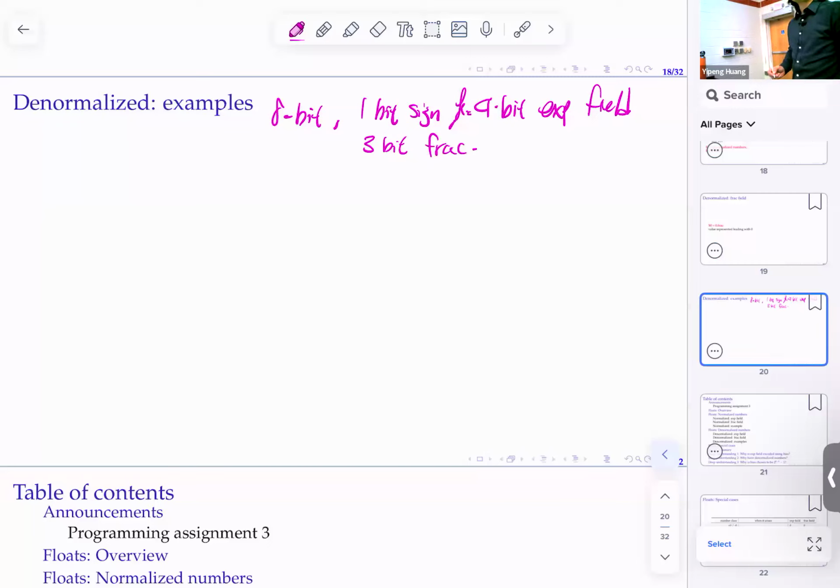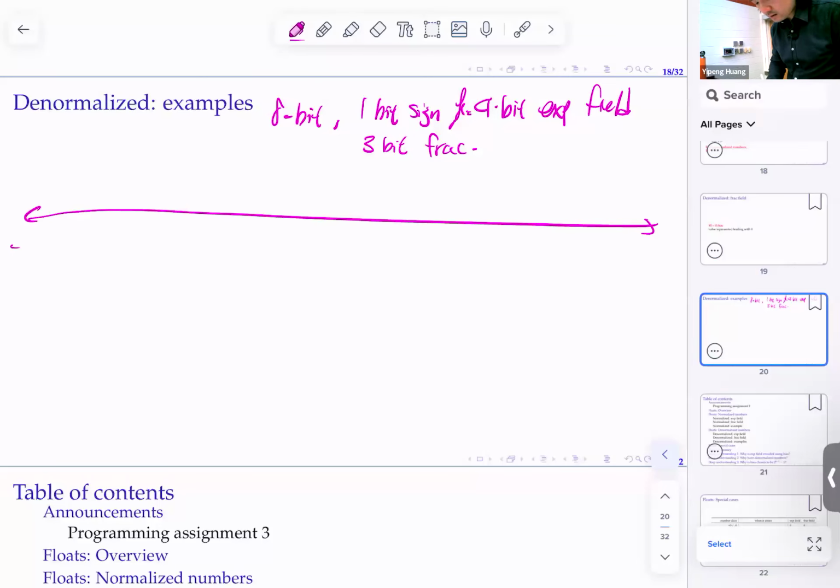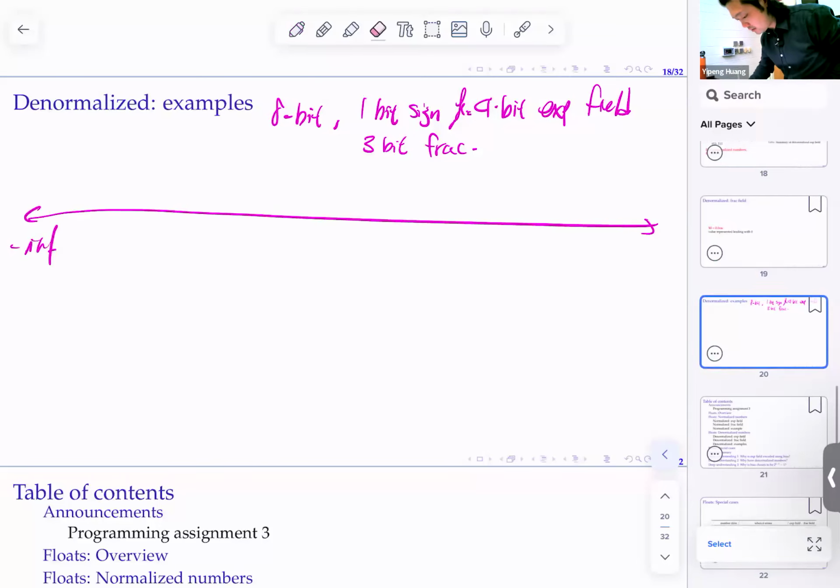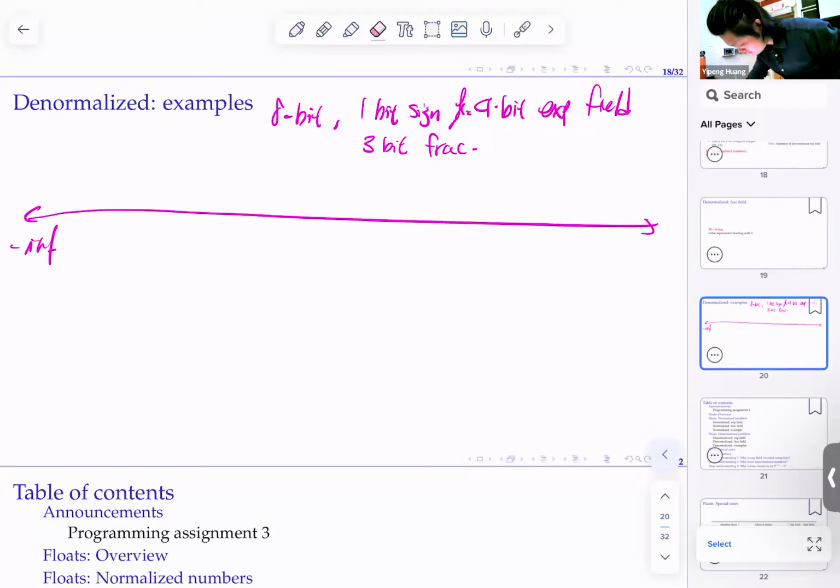And I'm going to now explore the entirety of the number line, ranging from negative infinity all the way to positive infinity. And we'll write down a bunch of different numbers.